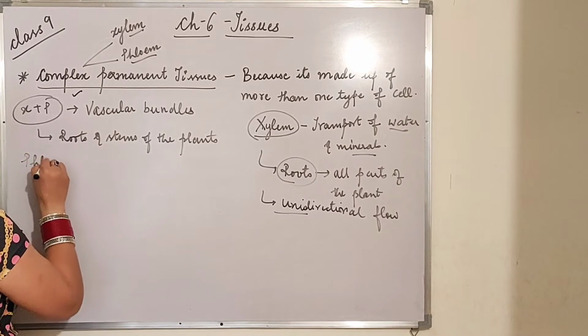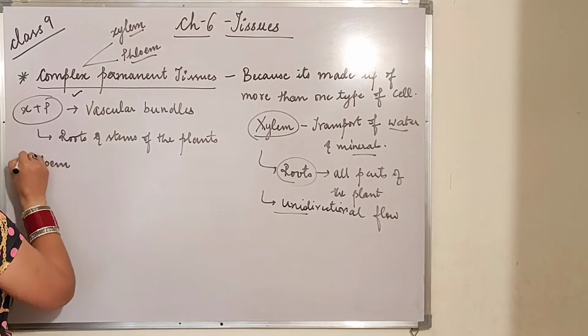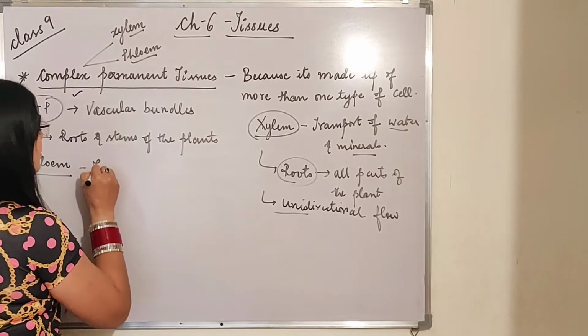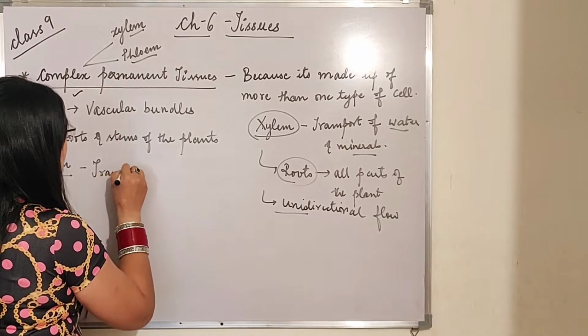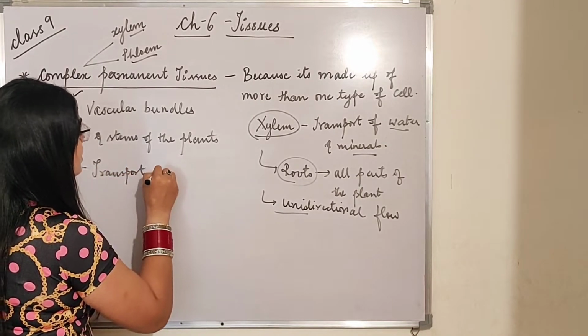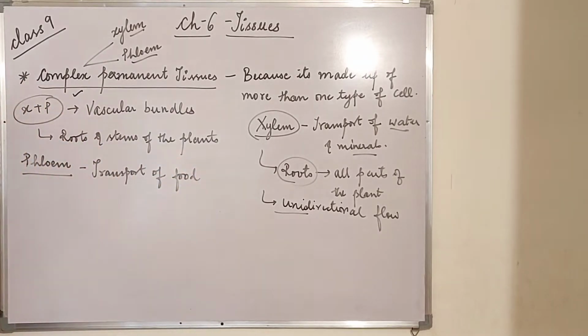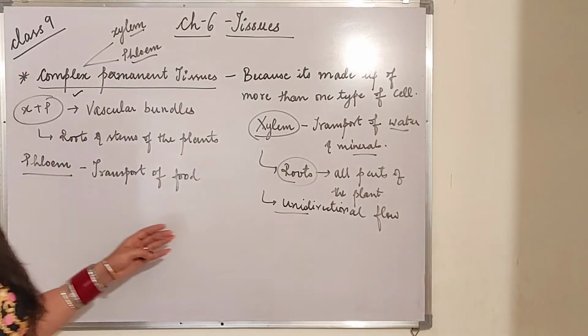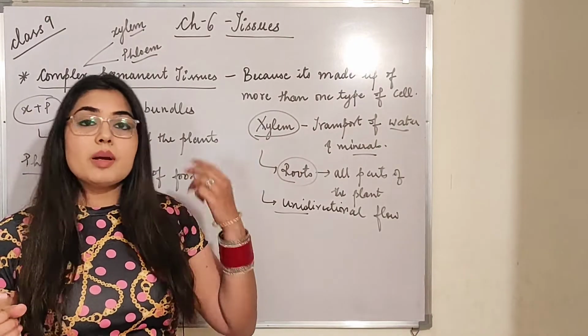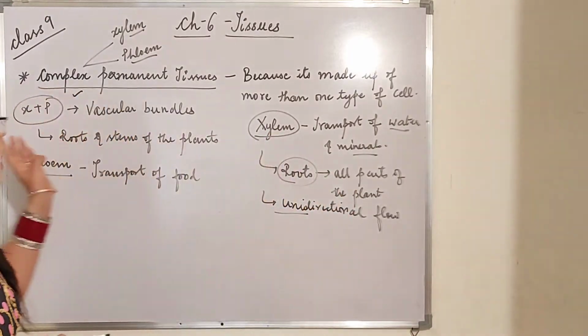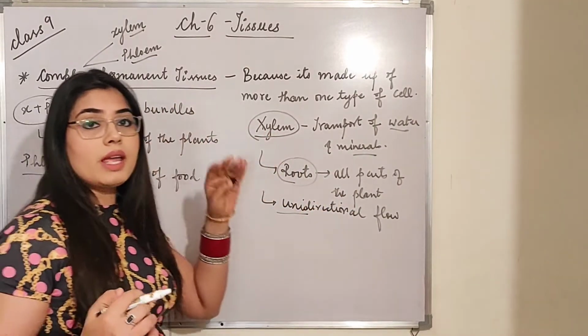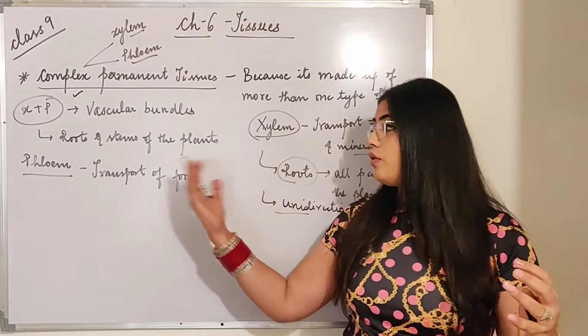Now phloem is responsible for what? Phloem is responsible for the transport of food. Don't just cram it again and again that xylem carries only water. Sometimes you get confused, and in the exam you write what happens in case of xylem for the phloem part.